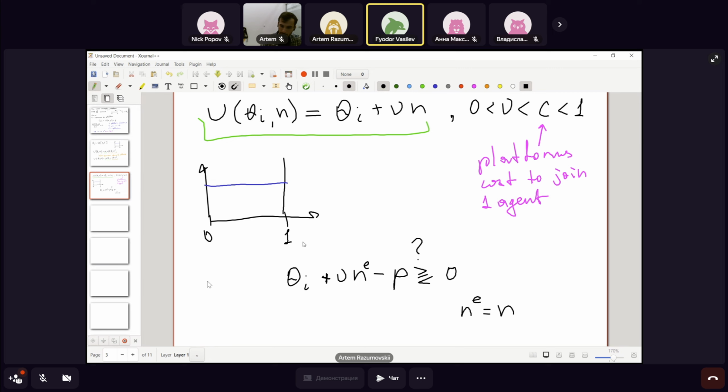We can find that line by moving price and other stuff to the right part of the inequality. It will be price minus mu times n.